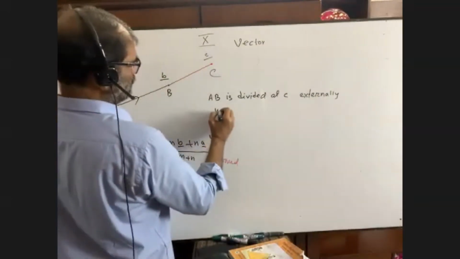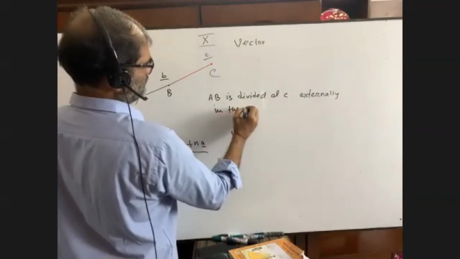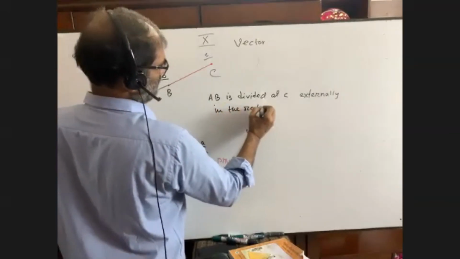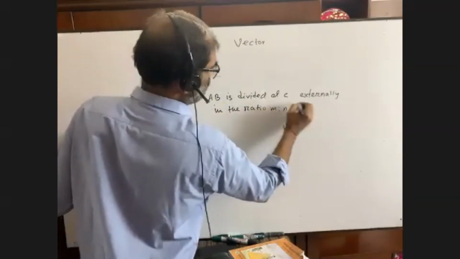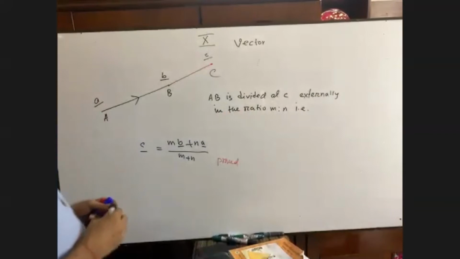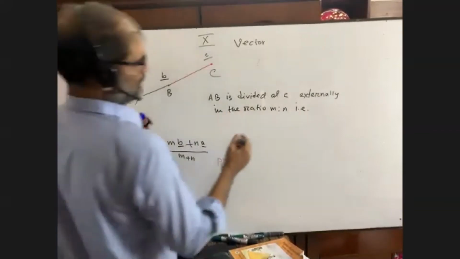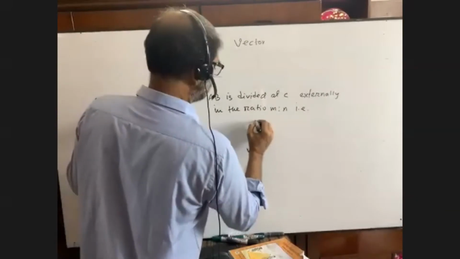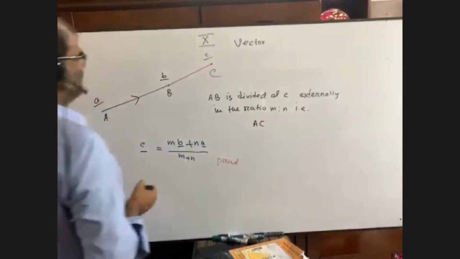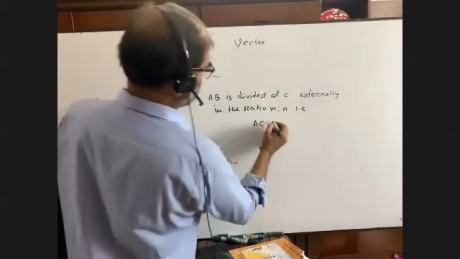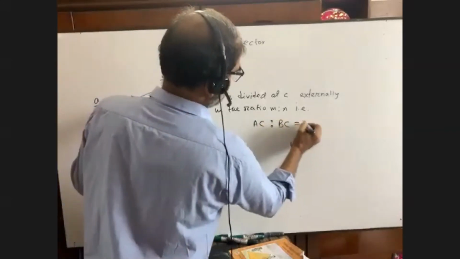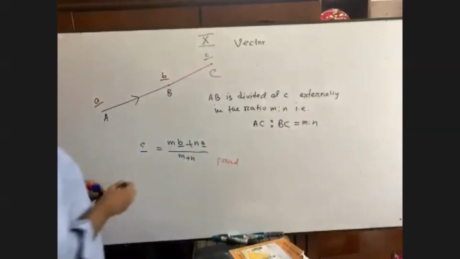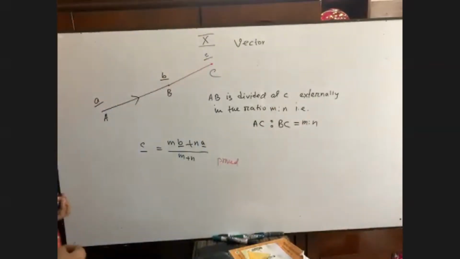In the same ratio. Who can tell me? M is to N. That is AC is to BC is equal to M is to N. What is meant by this?